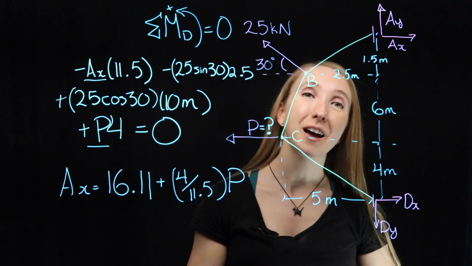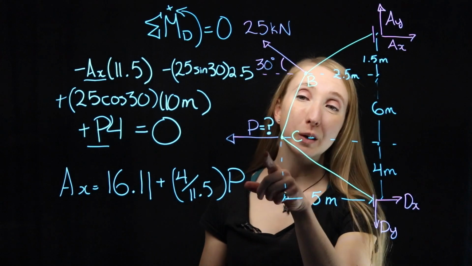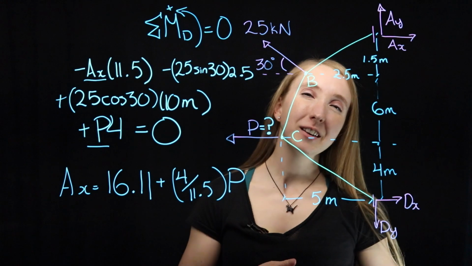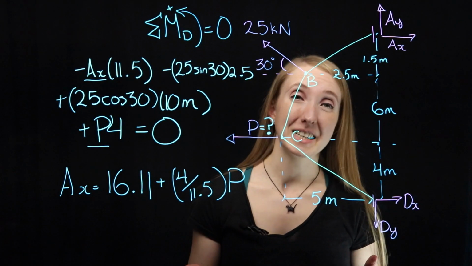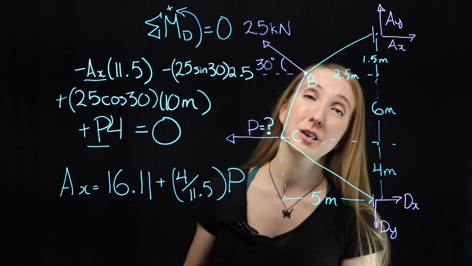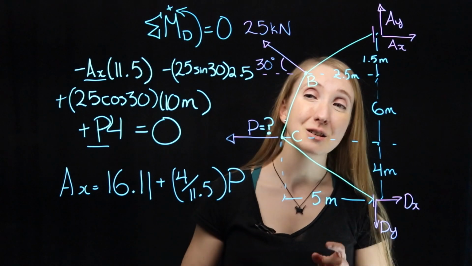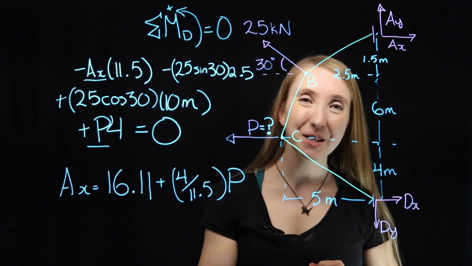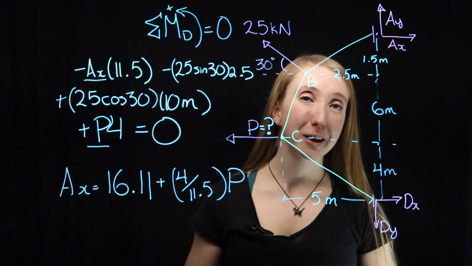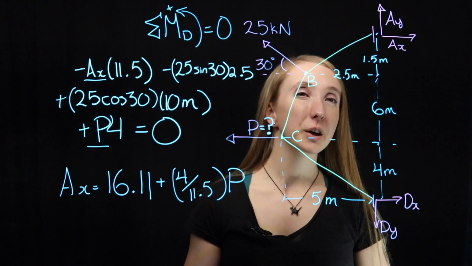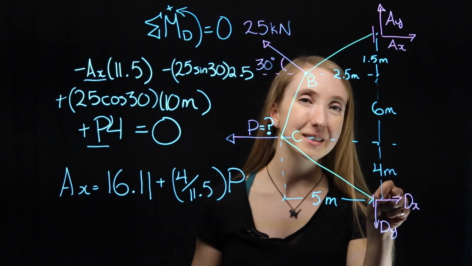All we've been asked to find in this problem is the force P. So we're going to try not to get distracted by all the other things we could solve for in our mission to find P. To do that, we'll have a two-point strategy. First, we're going to use our reaction points.